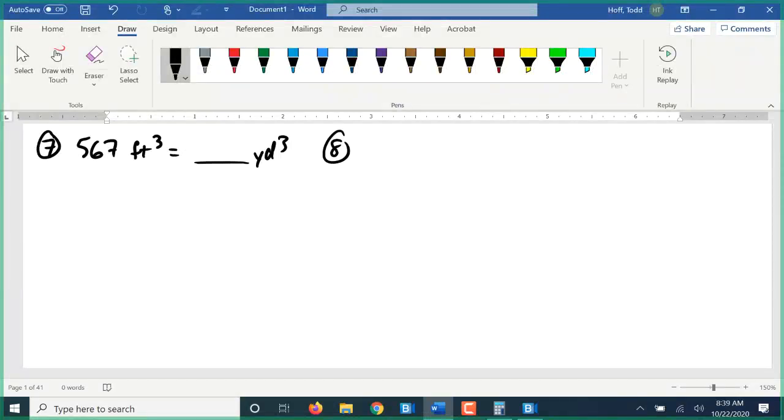Let's do 5 square yards into square feet. I'll put the rest up here if you guys get started in your notes, and we'll go over these in just a few minutes.